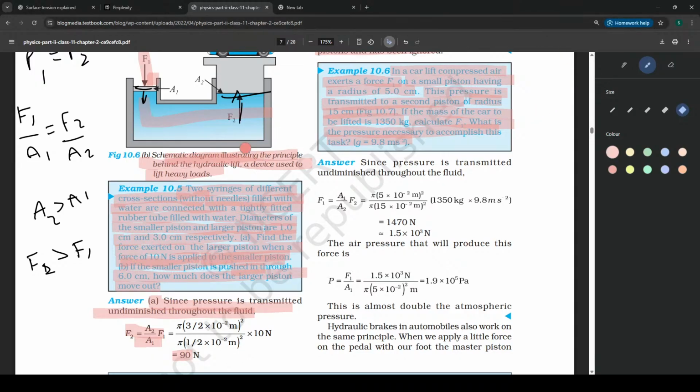Okay, we are trying to lift a car. In a car lift, there is compressed air. It is exerting force F1 on a small piston having a radius of 5 cm.